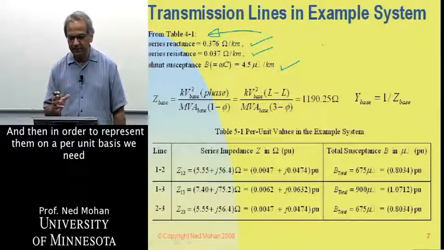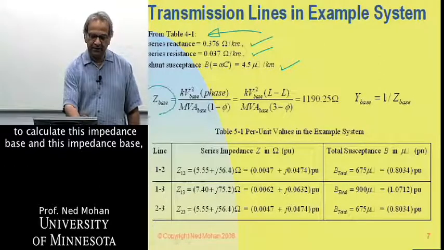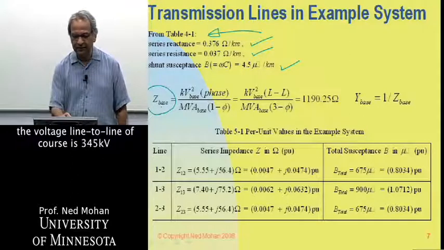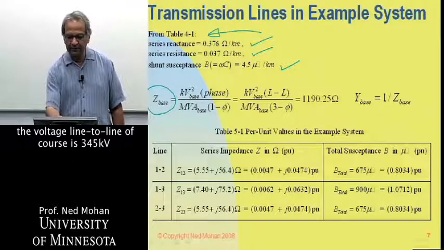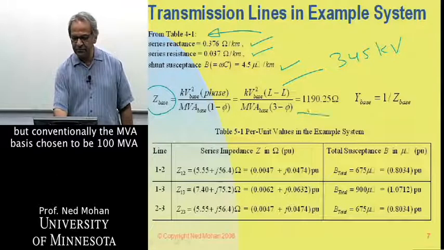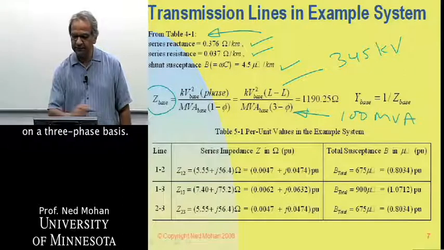To represent them on a per unit basis, we need to calculate the impedance base. The voltage line to line is 345 kV, but conventionally, the MVA base is chosen to be 100 MVA on a 3-phase basis.